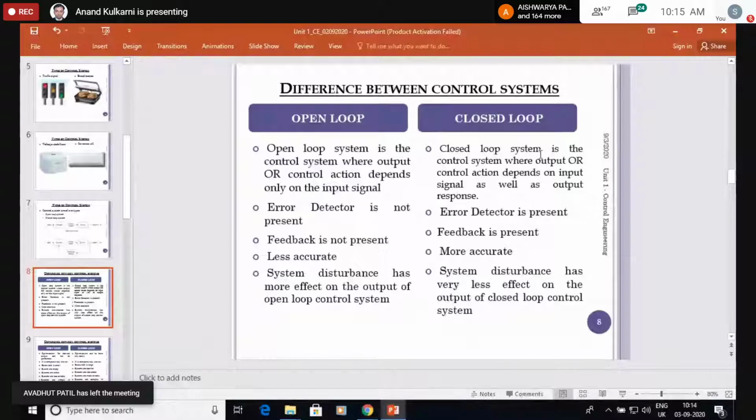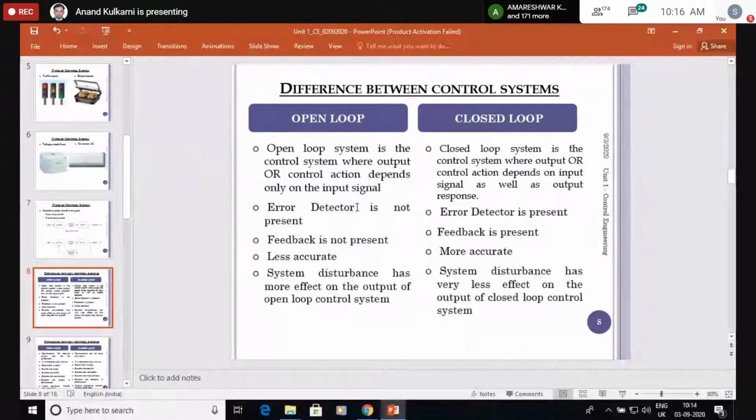Whereas a closed loop system is a control system where the control action depends on the input signal as well as the output response. The output is continuously monitored by the feedback or measuring system, and the difference between the input and the feedback signal actually determines the control action. So it is more accurate.